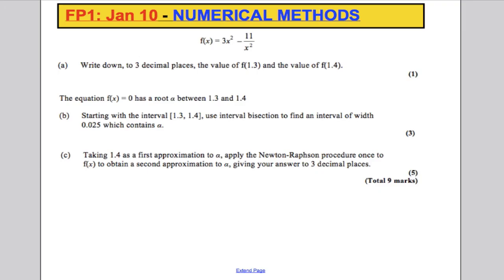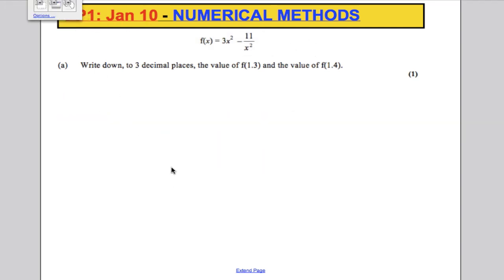Okay, let's just take a picture of this function because we're going to need it in each of the parts. So I'm going to use that throughout. So for part A, write down to 3 decimal places the value of f of 1.3 and f of 1.4.